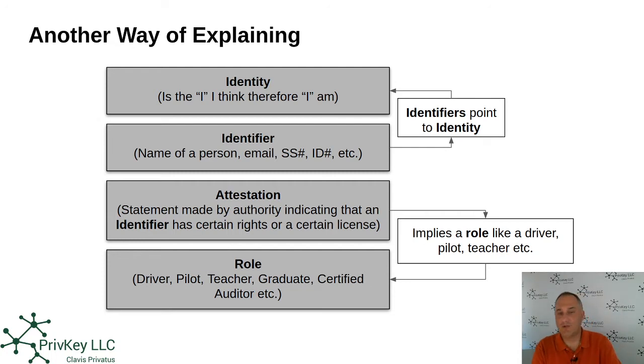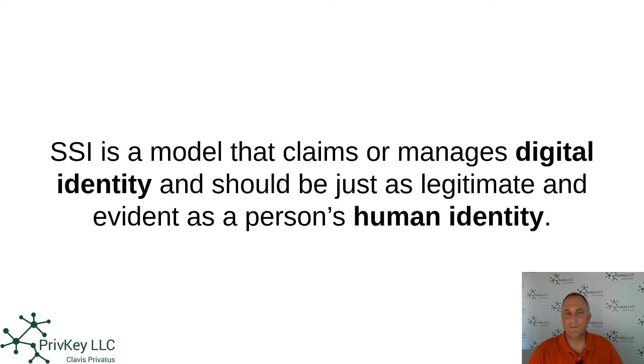It could be a person that graduated from college or high school, or a certified auditor, for example. These are roles. So these are definitions, and we sometimes misrepresent or mischaracterize some of these definitions. So it's good to have this out there so we understand where all of these terms fall.